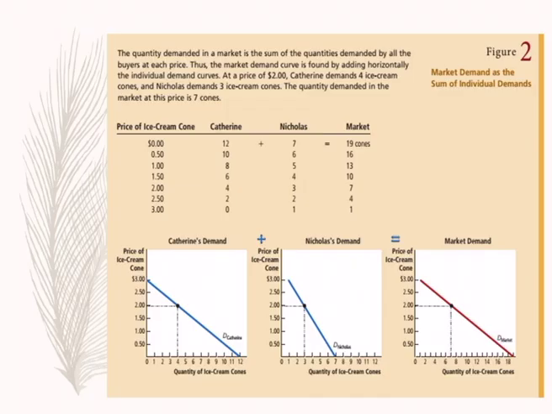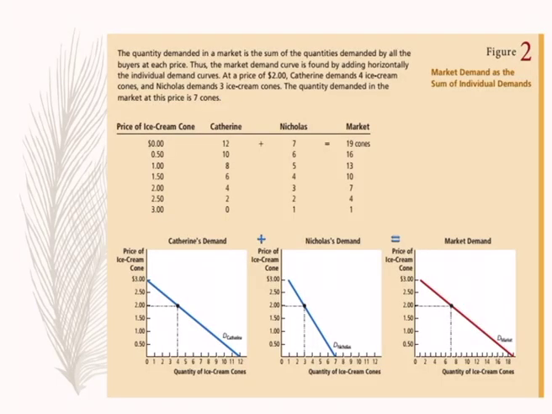Thus the market demand curve is found by adding the individual demand curves horizontally. At a price of $2, Catherine demands 4 ice cream cones and Nicholas demands 3 ice cream cones. So the quantity demanded in the market at the price is 7 cones.